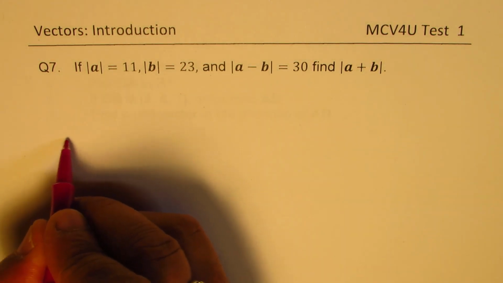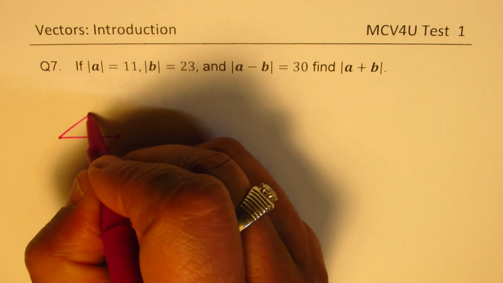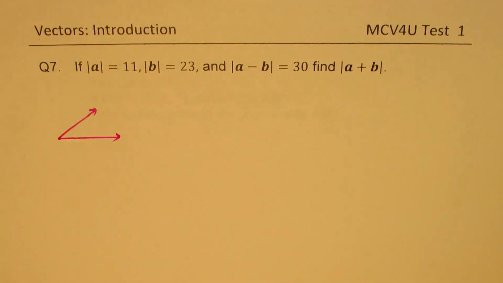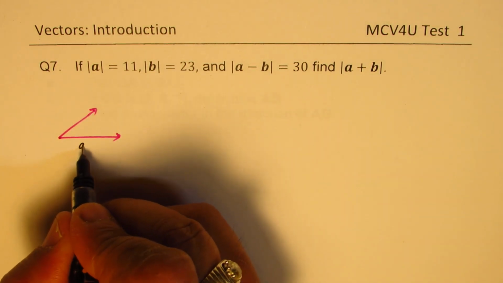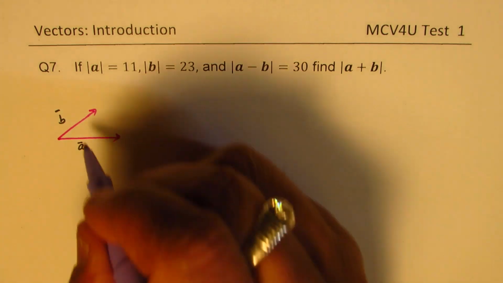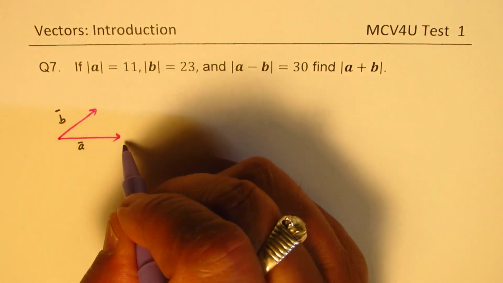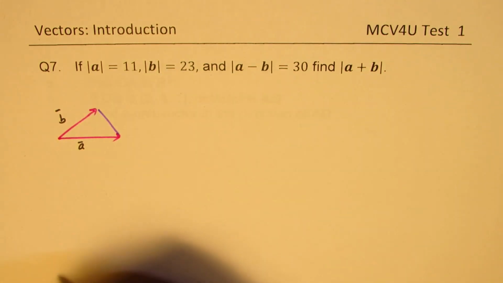Let us say we have a vector A here and vector B there, right? So these are the two vectors, A and B. Let's say this is vector A, this is vector B. So when we say A minus B, so A minus B will be this vector, correct?